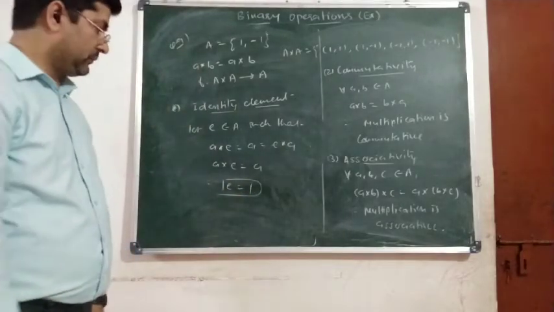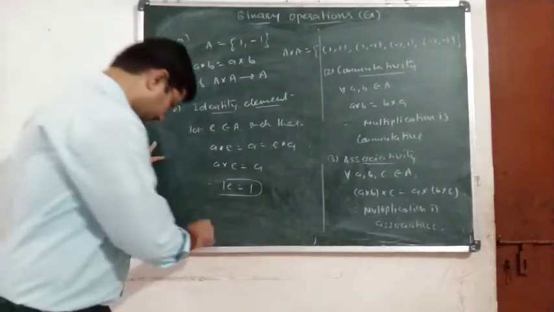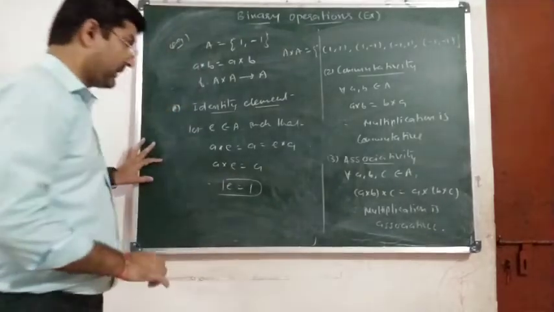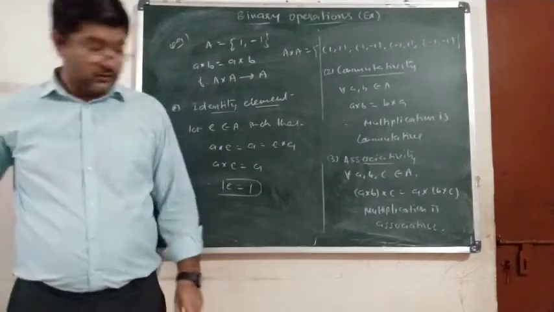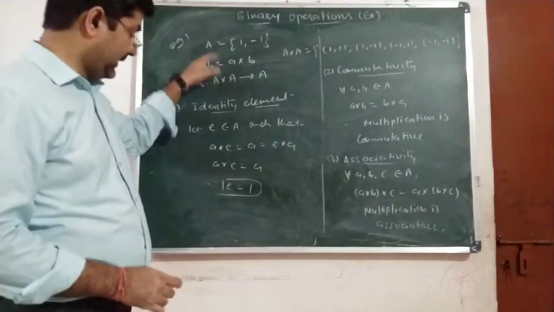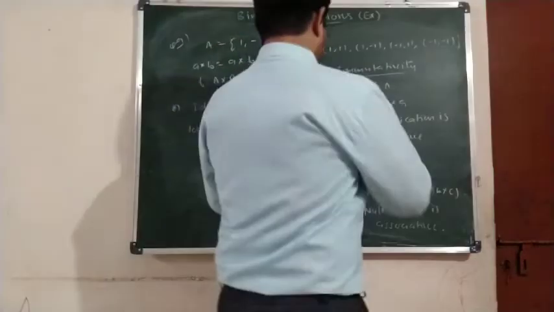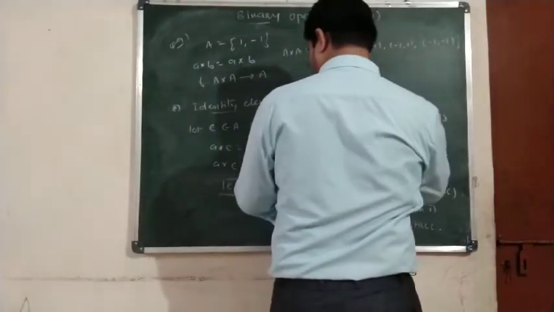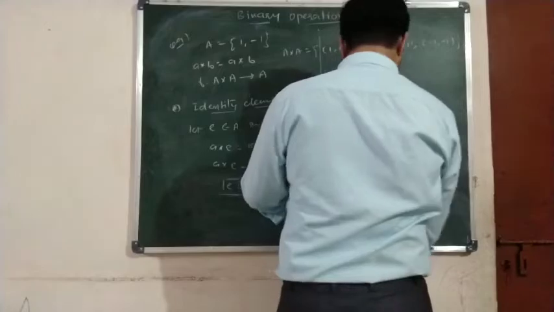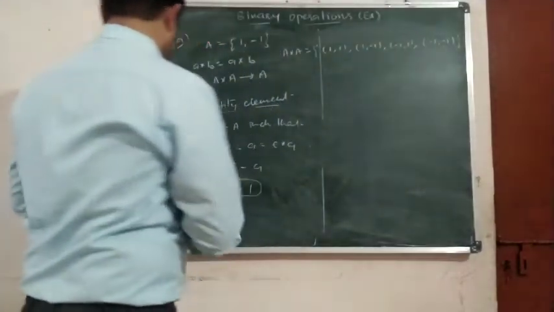So 1 is the identity element, and obviously this must belong to set A only, and 1 belongs to set A. Okay, now additive inverse, number 5, this was number 4.